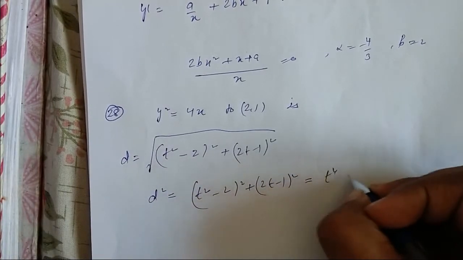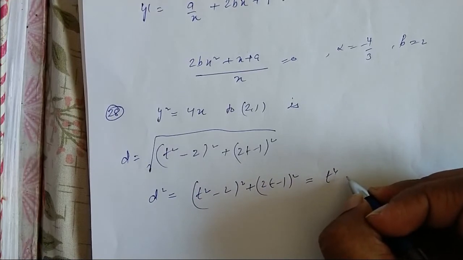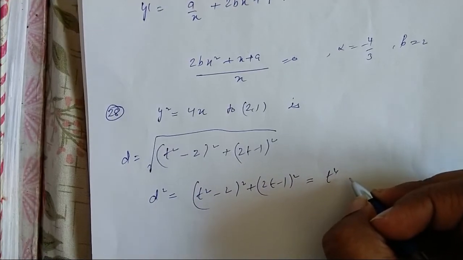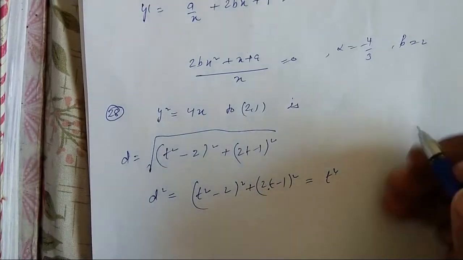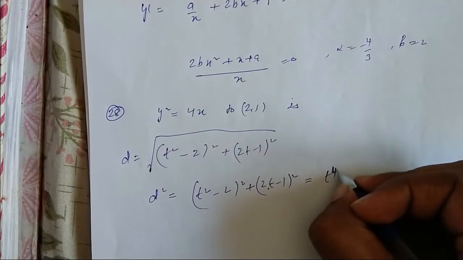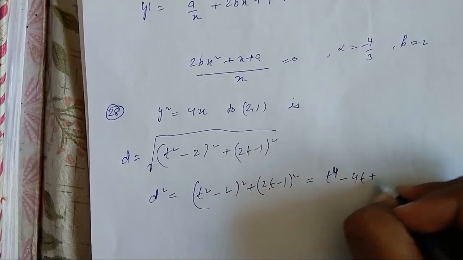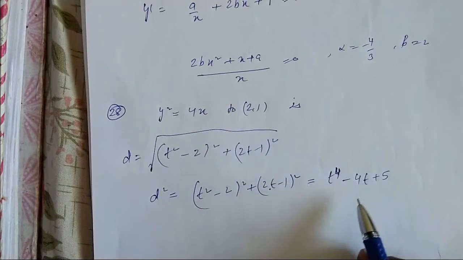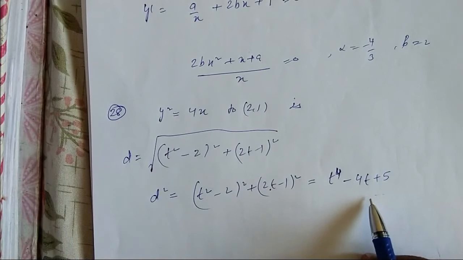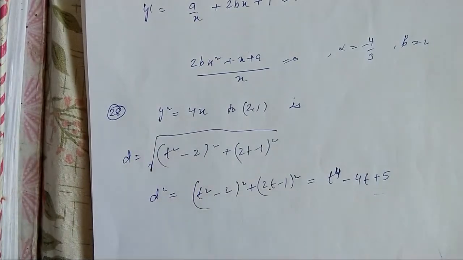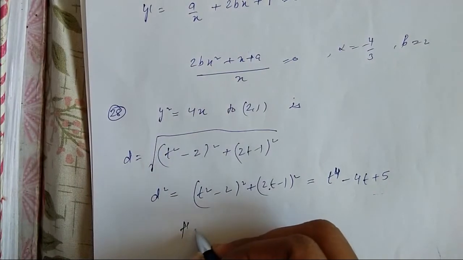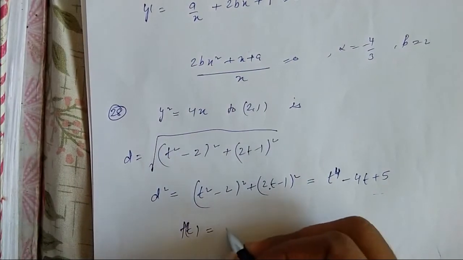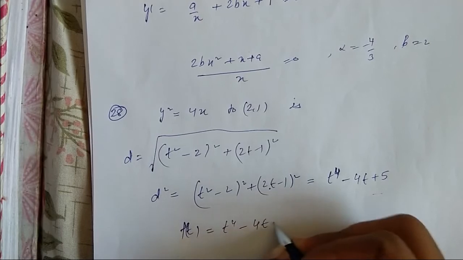This is equal to t power 4 minus 4t square plus t power 4 minus 4t plus 5. So we need to minimize this. So let's say f t is equal to t power 4 minus 4t plus 5.